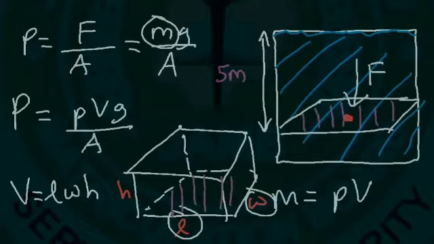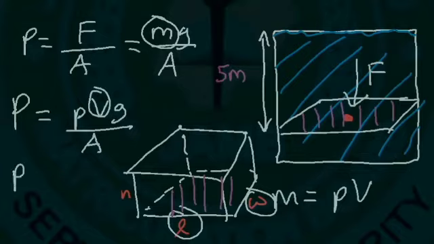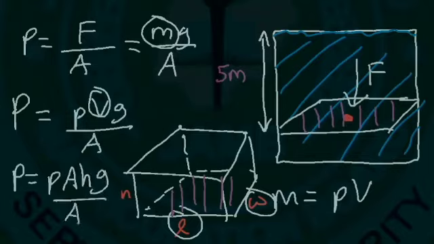So length times width is area, so volume equals area times height. So let's replace V with area times height. So the pressure is going to be the density times the area times the height times gravitational acceleration divided by the area. So we can cancel A. Therefore, the pressure due to the water above this cross-sectional area is equal to the density times the gravity times the height.